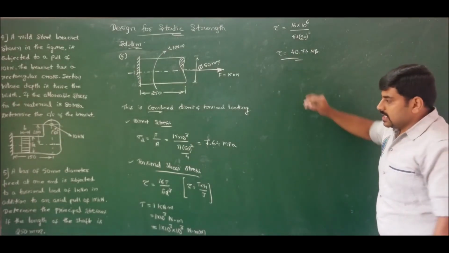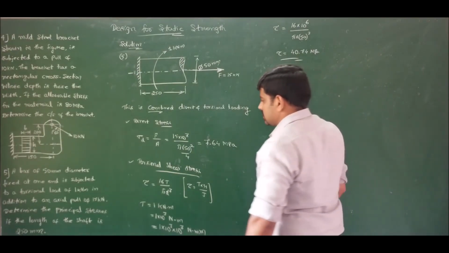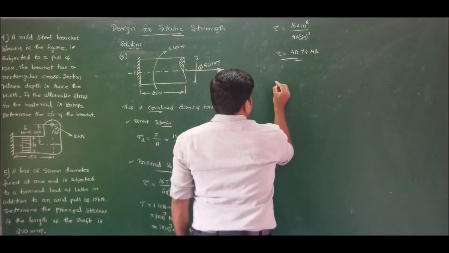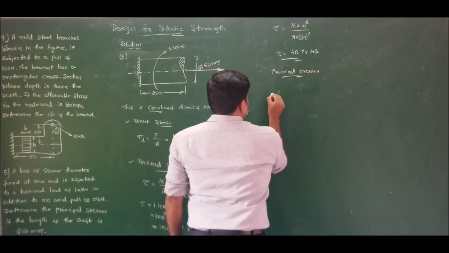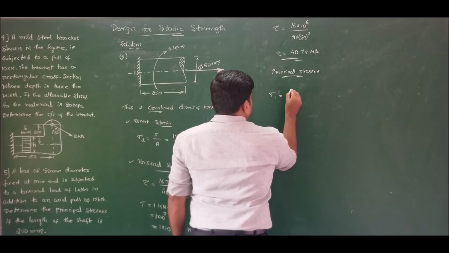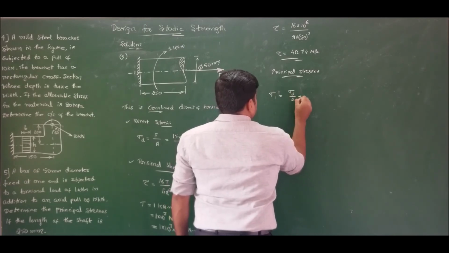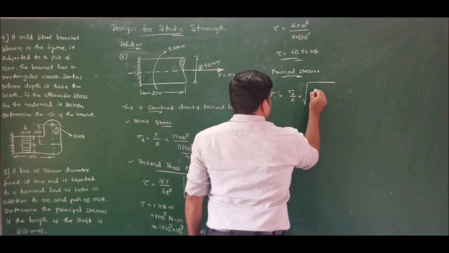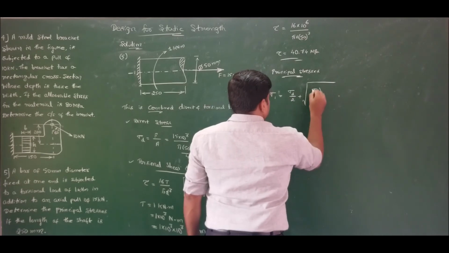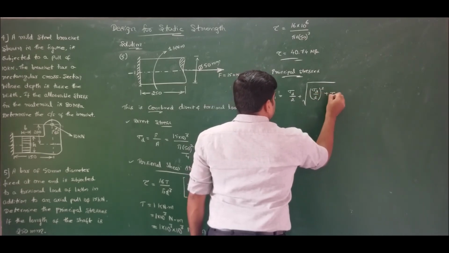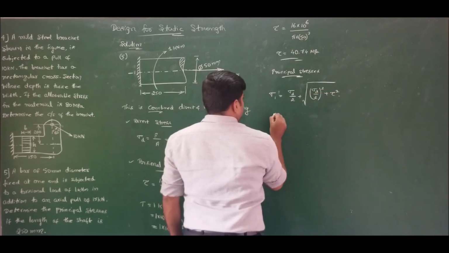So this completes direct stress and torsional shear stress. He has asked us to calculate the principal stresses. We know the formula for principal stresses. The maximum principal stress sigma 1 is sigma d by 2 plus square root of sigma d by 2 whole square plus tau square.